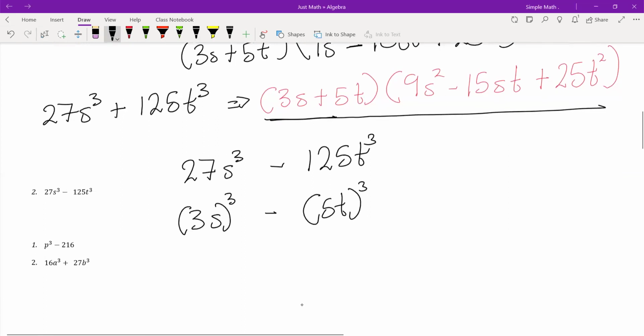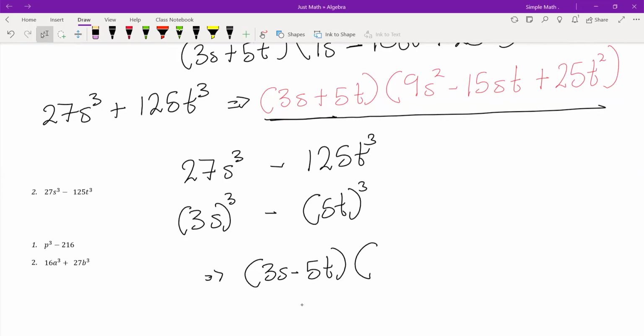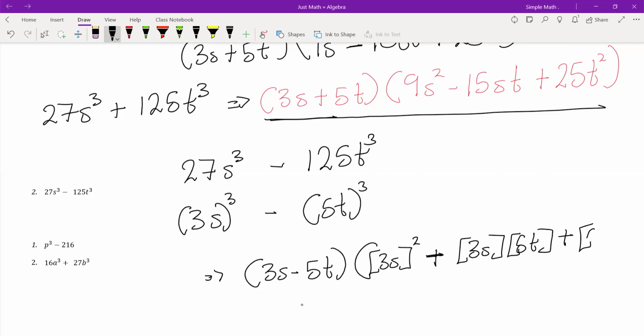So this is a difference of two cubes. This becomes (3s minus 5t), and then bracket (3s) all squared, minus, or this is going to be plus rather, because the first sign is minus, the second sign is going to be plus. So you can always remember that. 3s times 5t. The last sign is always a plus, plus (5t) all squared.